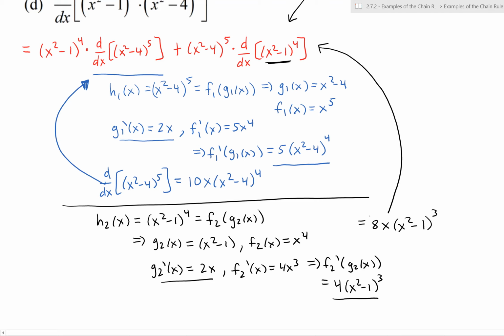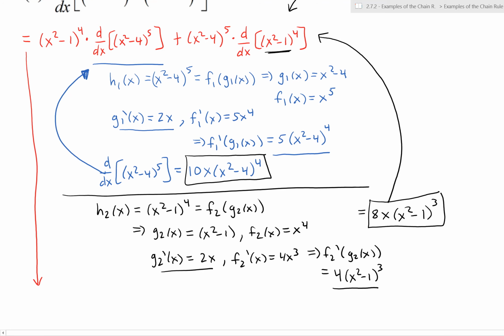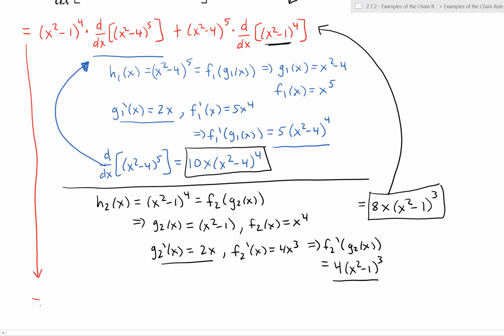So we got our derivatives. We got that derivative, and we got this derivative, and then finally, back to that red line on top, I'm going to replace my derivatives with what I just found. So let's go back down here, and we get that this entire derivative is x squared minus 1 to the 4th times that derivative we found in blue.